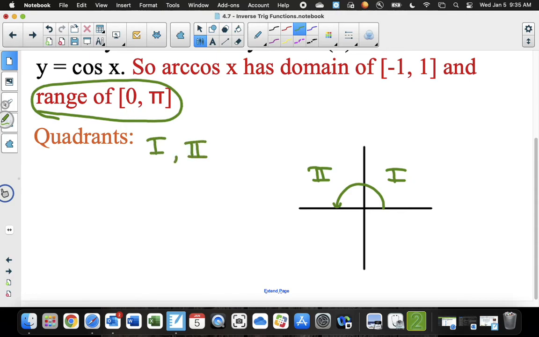Even though there might be answers outside of quadrants 1 or 2, the only answers you're allowed to have are quadrant 1 and 2 answers. Once again, you can add that to your formula sheet too. Inverse cosine is restricted to only quadrants 1 or 2.